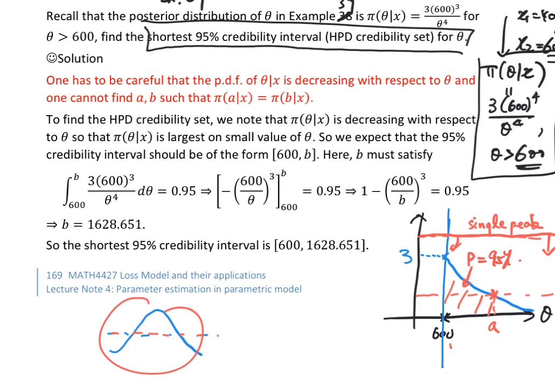So our credibility interval will be from 600 up to A. That is the interval we are looking for, and we just need to focus on finding this A. Here I use B instead.